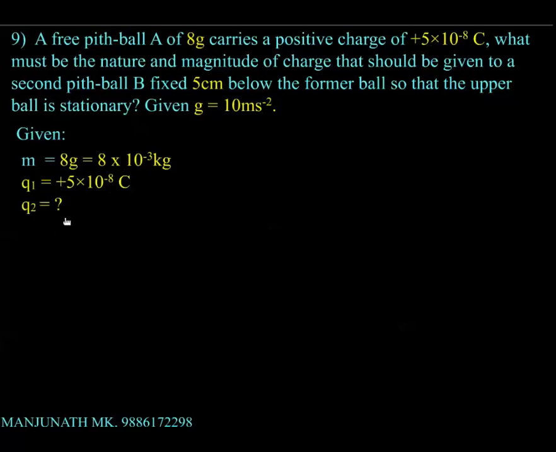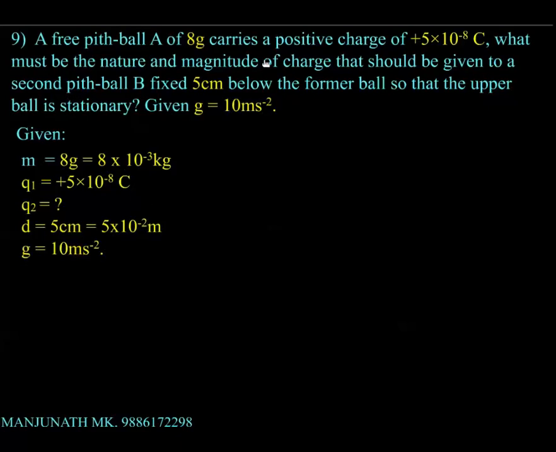Q2 is equal to what? d is equal to 5 centimeter. Here also it is in centimeter. It has to be converted into meter by writing 10 to the power of minus 2 instead of c, we will get meter. That is 5 into 10 to the power of minus 2 meter. And g is given 10 meter per second square.